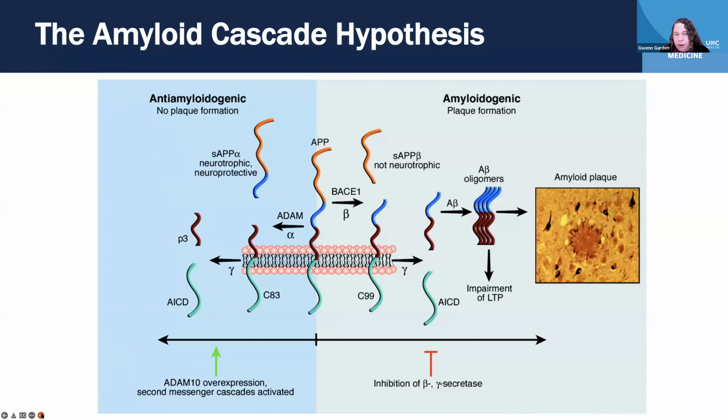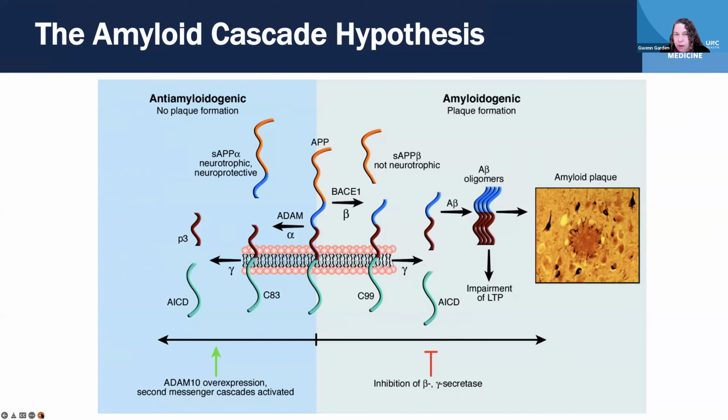So if presenilin cleaves APP, it can generate, after also the cleavage by the BACE1 enzyme, this fragment that is referred to as A beta, and A beta oligomerizes to form this insoluble plaque.